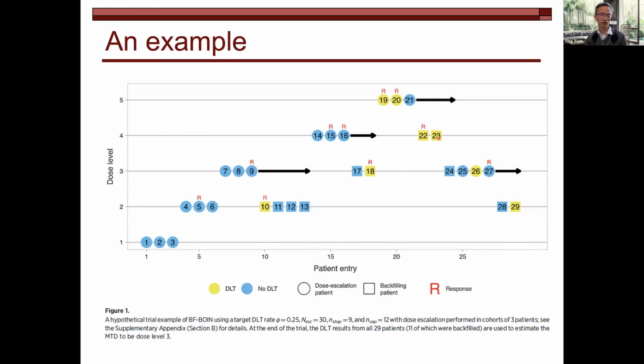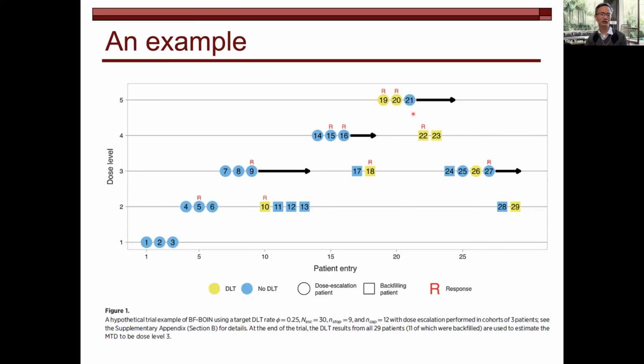So right now, this triggers the rule: should we stop the backfill? The first condition is already satisfied. Based on the local data at dose level 4, the DLT rate is already 40%, exceeding the Bayesian de-escalation boundary of 30%. The next condition we need to check is to pool the data with the higher dose. The higher dose also has DLTs.